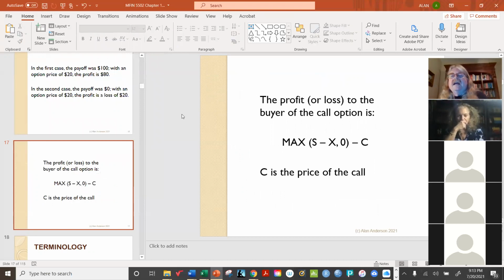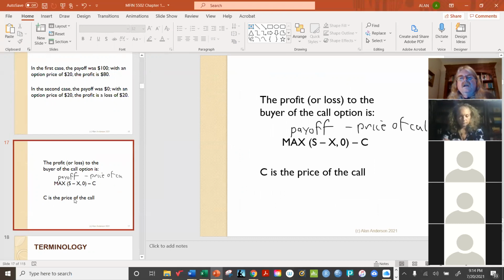Okay, so that's the profit or loss. So we have the payoff first, minus the price of the call, equals the profit or loss. All right, so that's how that works.